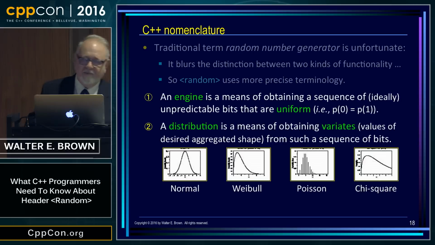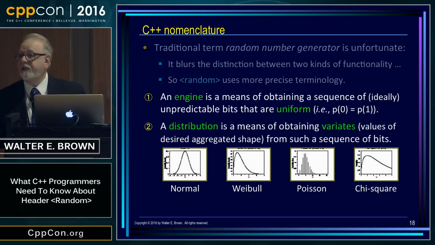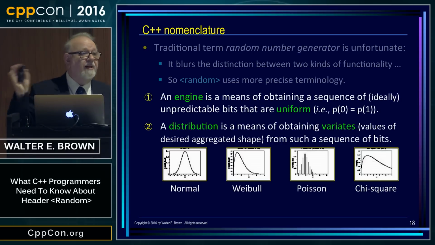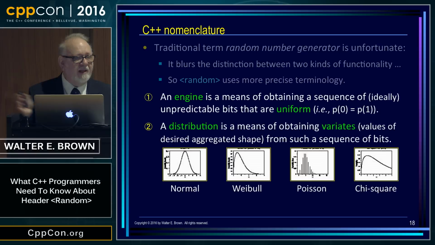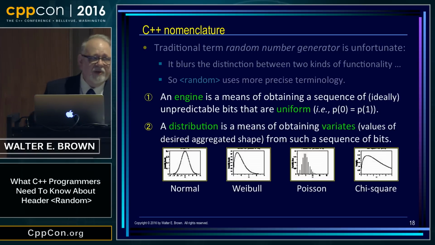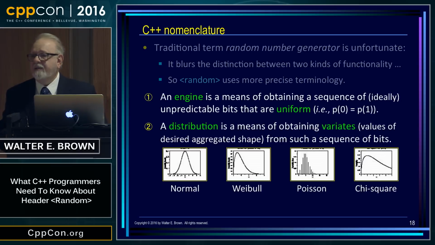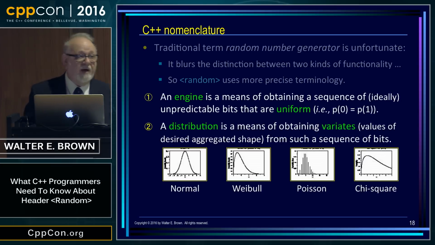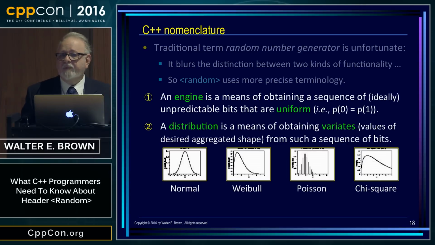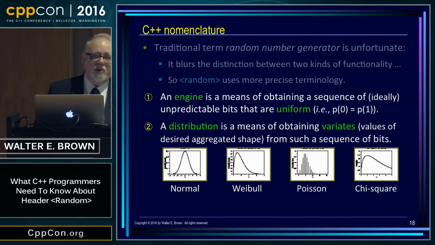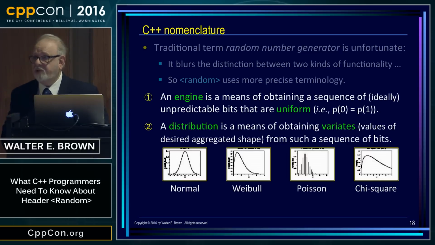The first one at the bottom left is called the normal distribution. A lot of us know it as the bell-shaped curve. But that's parameterized. How wide is it? How high is it? Where is it? Left, right, et cetera, et cetera. Okay? So these are things you will have to supply. You have to know your application well enough to decide what kind of a distribution you want. For people who are casual users, almost always what they want is a uniform distribution.